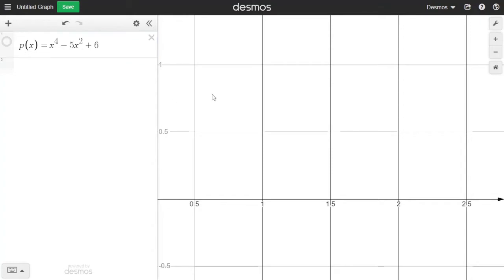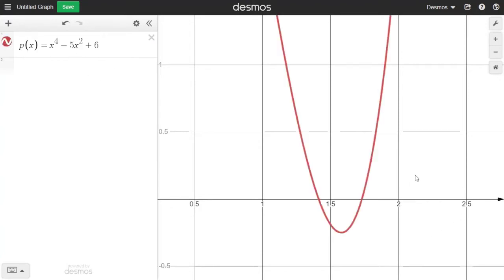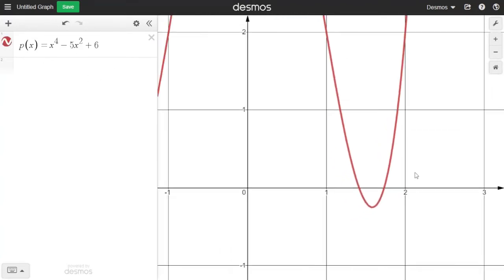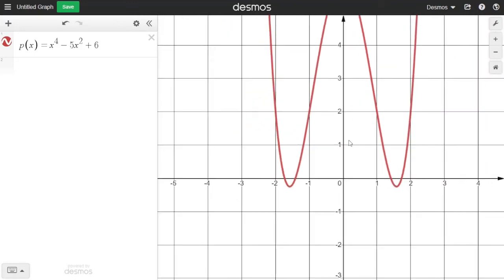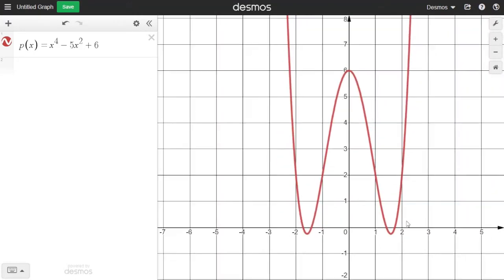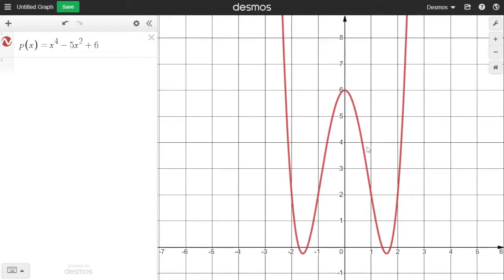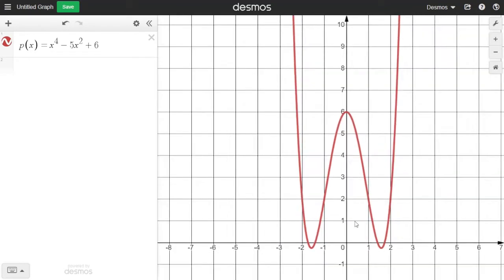This is a fourth degree polynomial in general form. It's not telling the true story yet. But as I zoom out far enough, the true story is being revealed now.